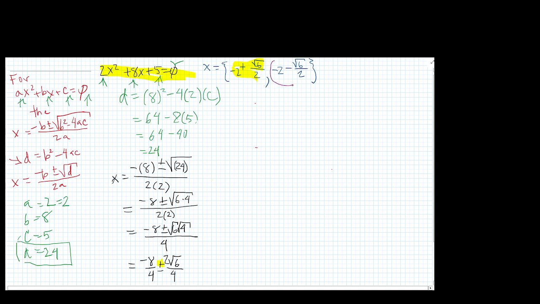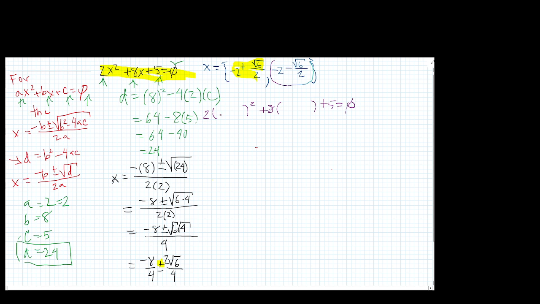We're going to use this guy here and replace every x in the original equation with that guy. So we have a 2, and this is our x squared plus 8, and this is our x plus 5 equals 0.